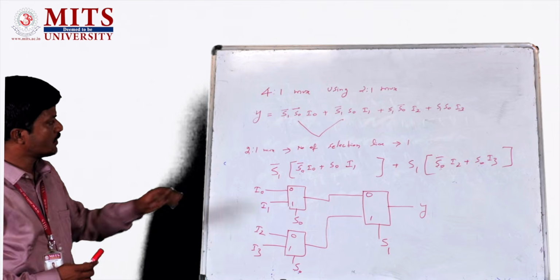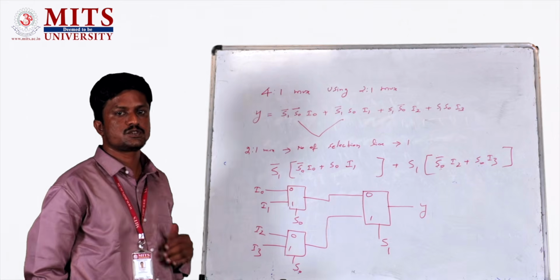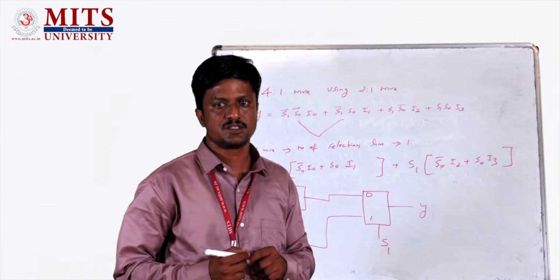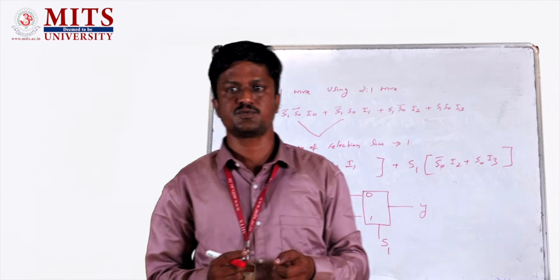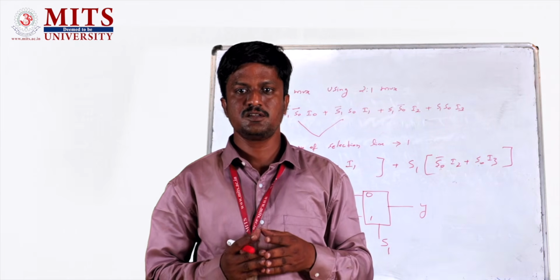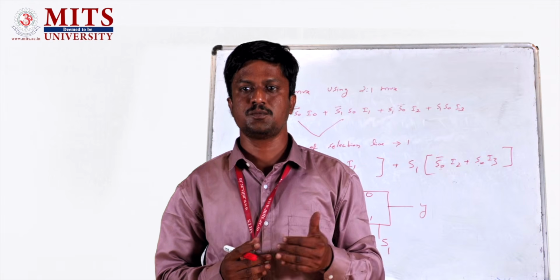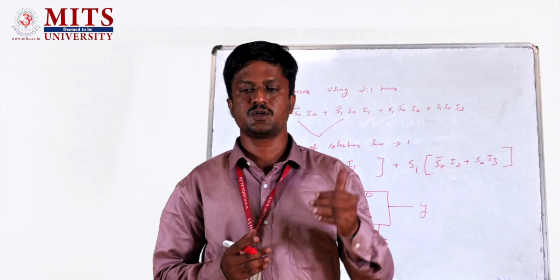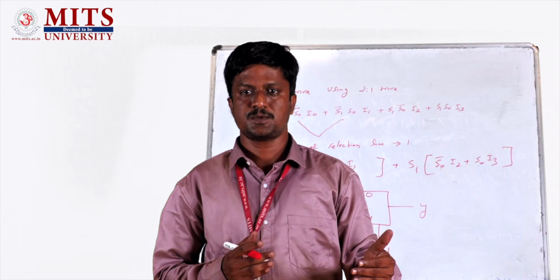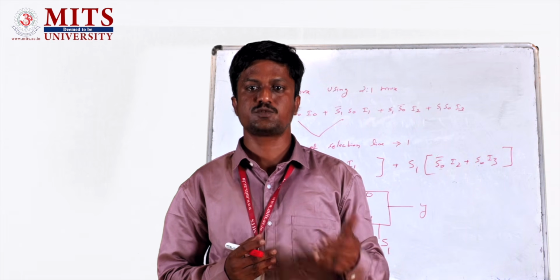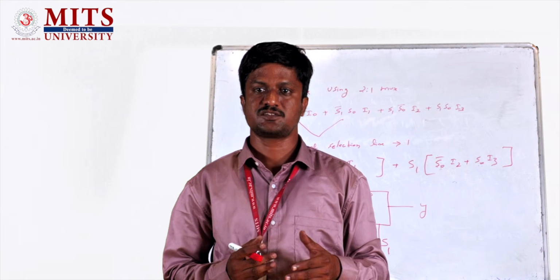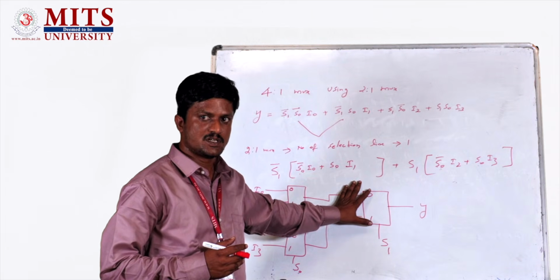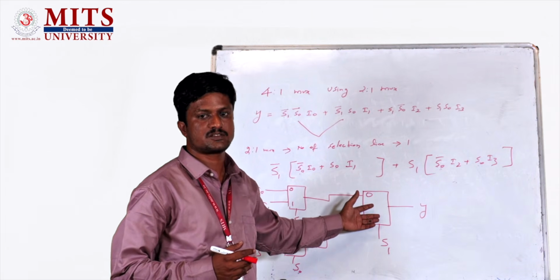So this is how I want to realize a 4 is to 1 mux using 2 is to 1 mux. So first you write the expression for the 4 is to 1 mux. Then you expand it with the help of 2 is to 1 mux. So the idea is first you consider expanding with the help of either S1 or S0. Here I am expanding with the help of S1. The same way you can try for S0 also.